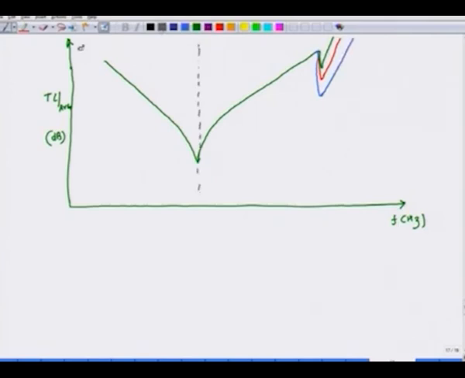This is my stiffness controlled region, and the slope here is minus 6 decibels per octave.